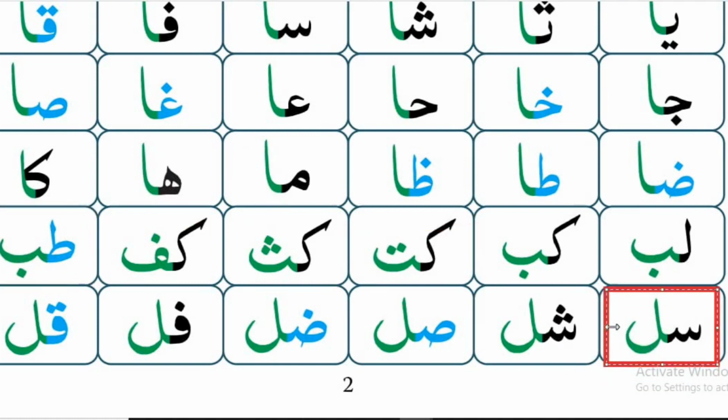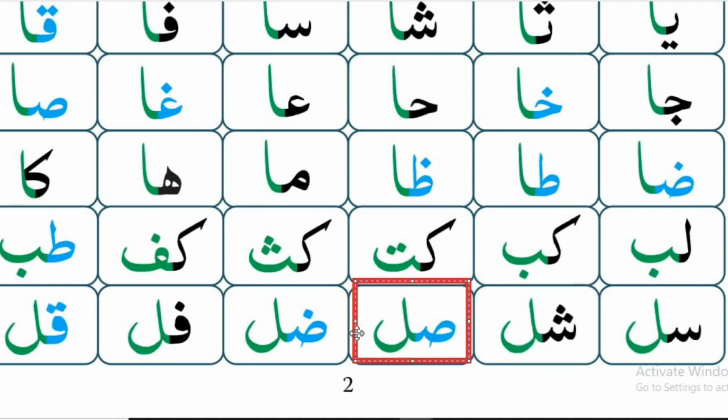And here the first one, this W looking shape, is the head of sin, the first half shape of sin. So the first letter is sin, and the other is the full shape of lam. And here it is the same letter, but it has three dots on top. So sin, if it has three dots on top, it is called sheen. So here the letters are sheen, lam.